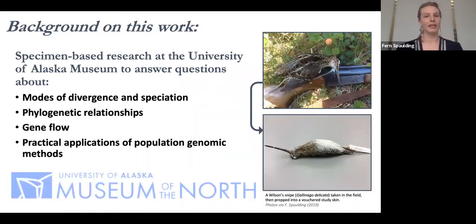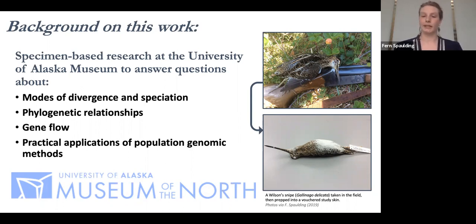So with that, let's go into a little bit of background into the work that I actually do at the museum. The work that I do at the museum and the work that I do for my master's degree is specimen-based research at the University of Alaska Museum. Specimen-based research itself allows us to ask lots of different questions, but specifically regarding my study, I can ask questions about modes of divergence and speciation, phylogenetic relationships, how much gene flow is occurring, and even the practical applications of population genomic methods.